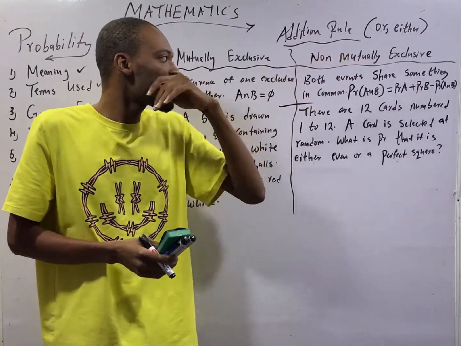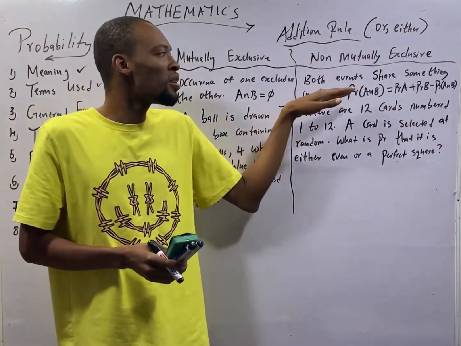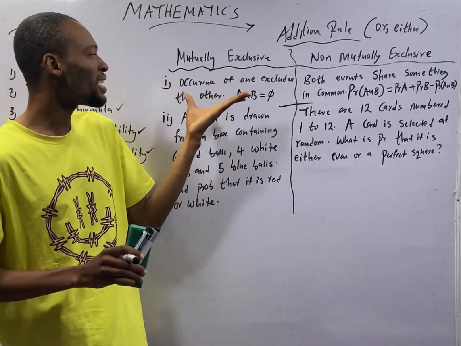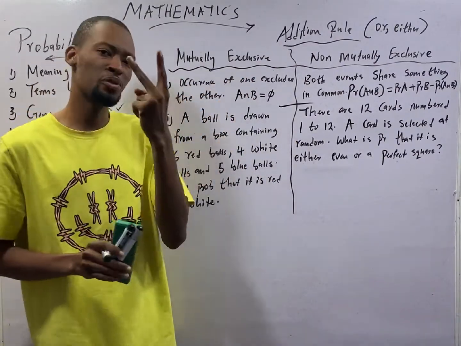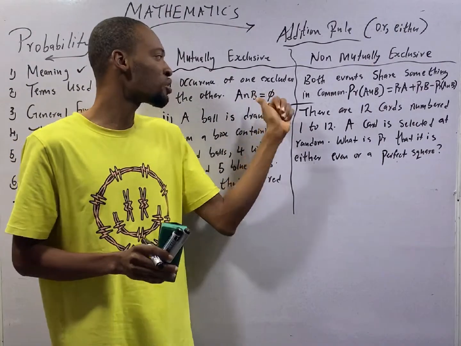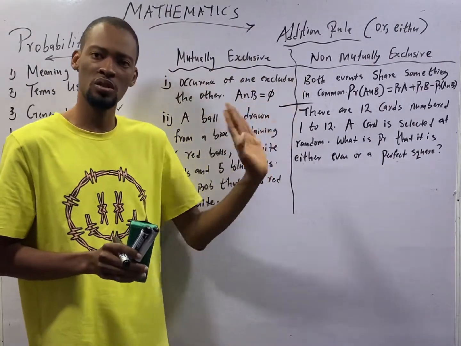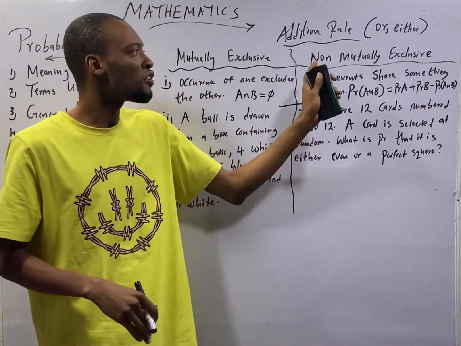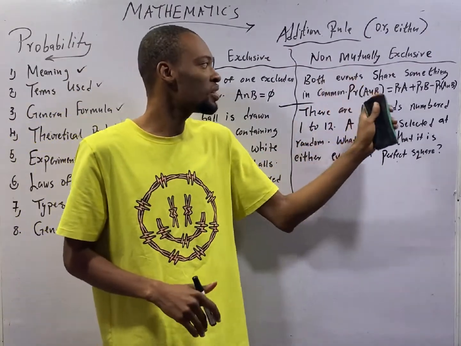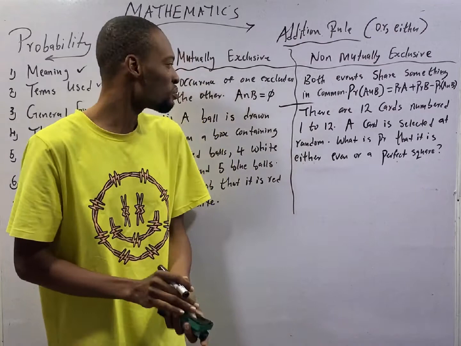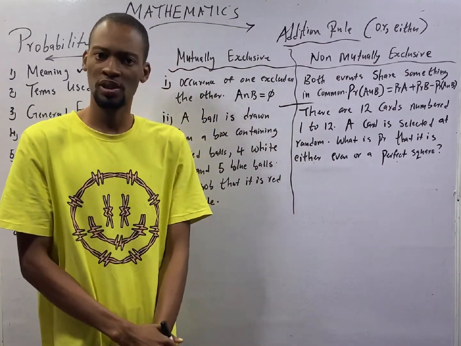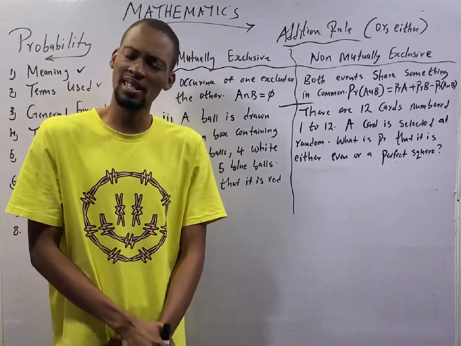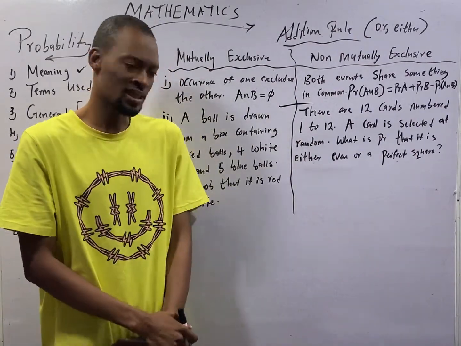Non-exclusive events are events where both of them share something in common. For mutually exclusive events, if you have two events, A intersection B is equal to 0 or the null set, because they don't have anything in common. For non-mutually exclusive events, A intersection B is not equal to 0. There is something in common. If you look at my video on set theory, you understand intersection.